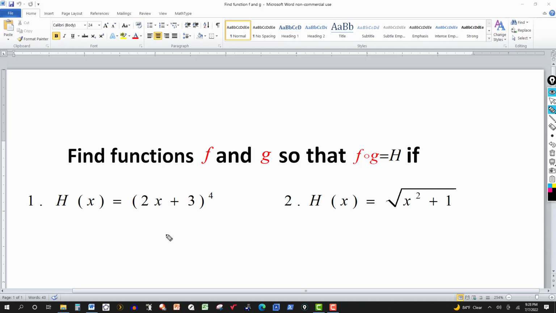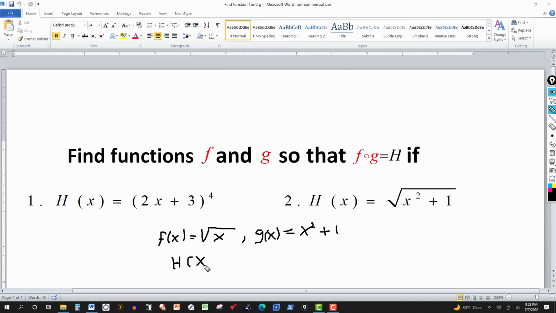So for this one, we'll let f of x equal the square root of x, and g of x should equal, and of course you should have put down, x squared plus 1.